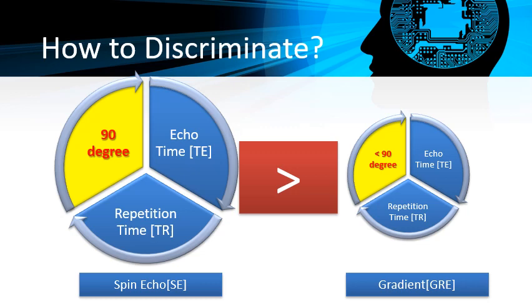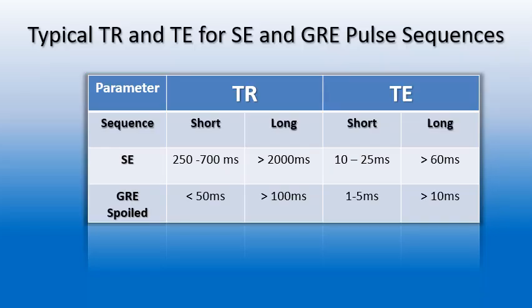Later on, you can examine the other parameters, either echo time or repetition time, and you will find those parameters are much larger in the spin echo compared with the gradient echo. This table easily demonstrates the large difference between the values of repetition time and echo time of spin echo compared with the gradient echo sequences.